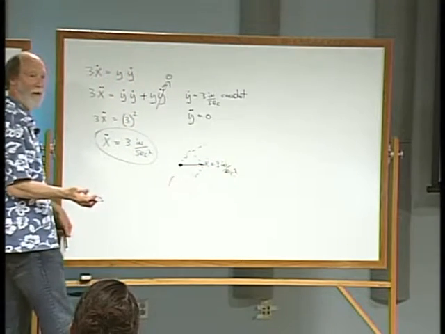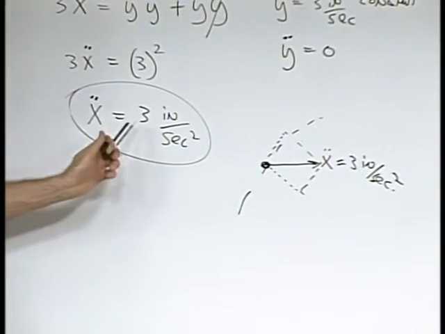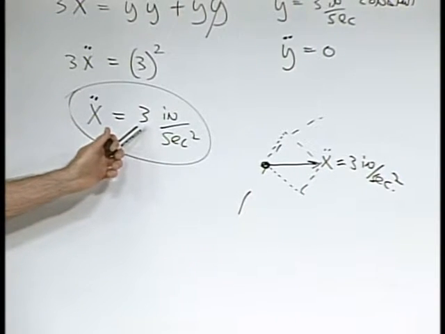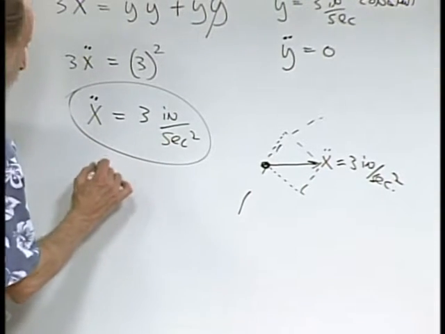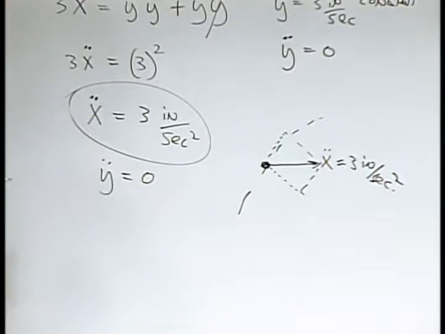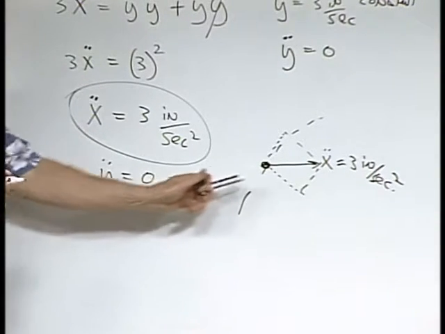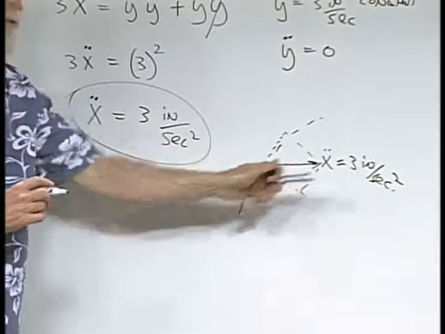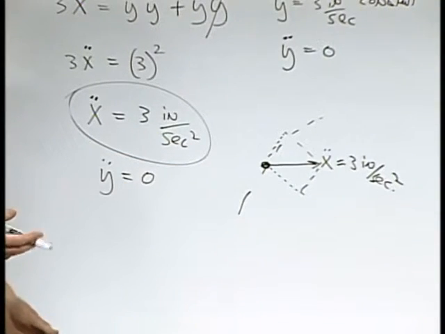We actually are done. X double dot is 3. Y double dot we know was 0 and remains 0. And so the acceleration is indeed 3 inches per second squared remaining constant.